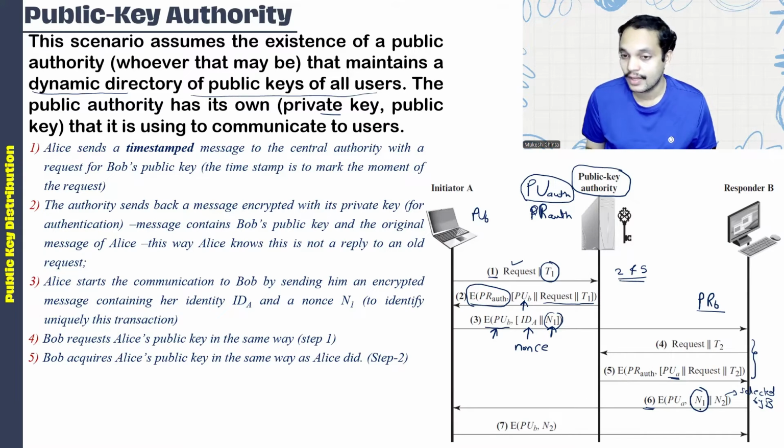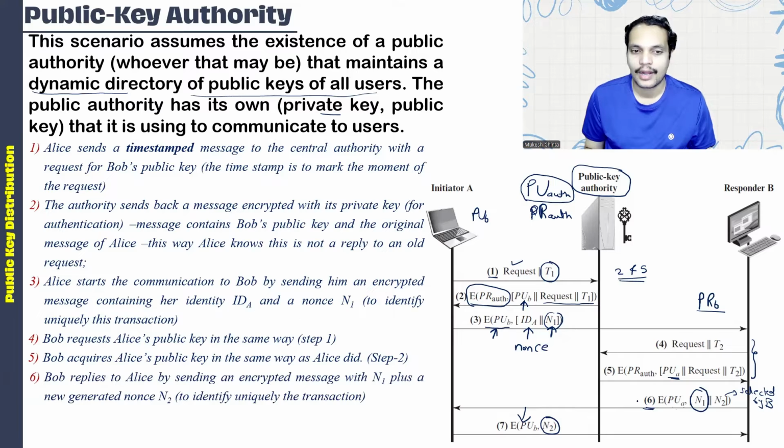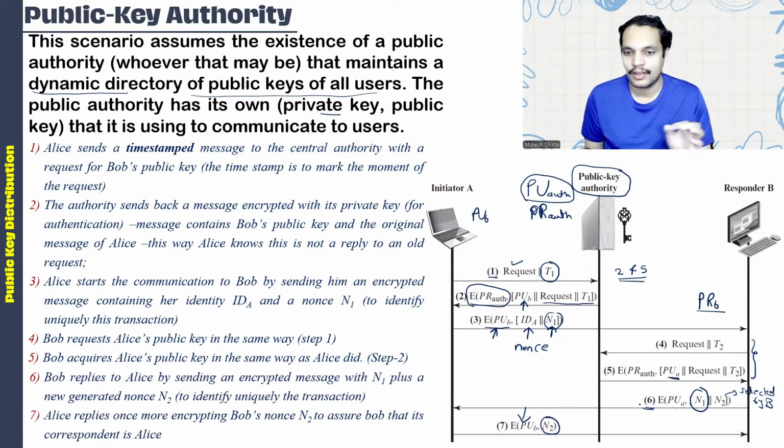Similarly, B also has to be ensured that it is indeed talking to A. So what happens is, after receiving message number 6, A will send another message back, which is nothing but the nonce N2 sent back to B using the public key of B. So both 6 and 7 are identifying that A and B are indeed communicating with one another.